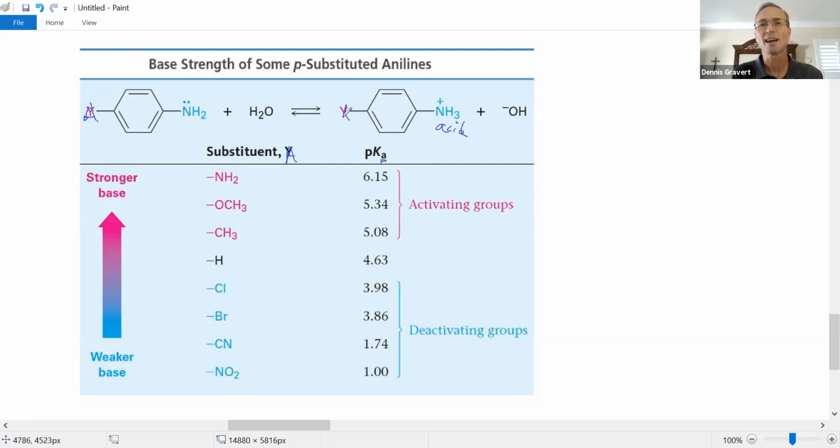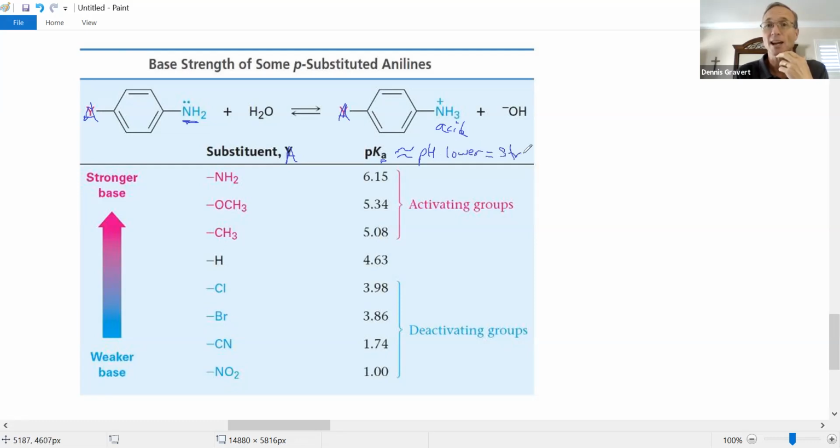So having this extra group attached to nitrogen that was positively charged with a hydrogen, it can donate that hydrogen away and reform the neutral nitrogen. How willing is it to do that? Well, pKa is sort of like pH. They're not the same value, but they follow the same trend.